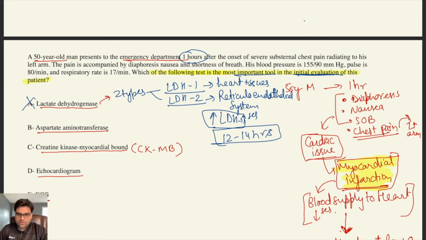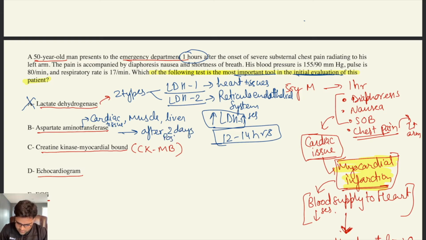Let's see aspartate aminotransferase. Aspartate aminotransferase is a non-specific protein that is found in cardiac and liver tissues and even muscle cells. Whenever we have a myocardial infarction, it increases around 2 to 3 days post MI. It is found in cardiac and skeletal muscle tissues, and also in the liver, because in our liver tests we also mention this aspartate aminotransferase.